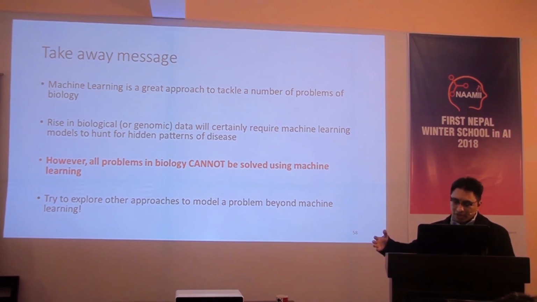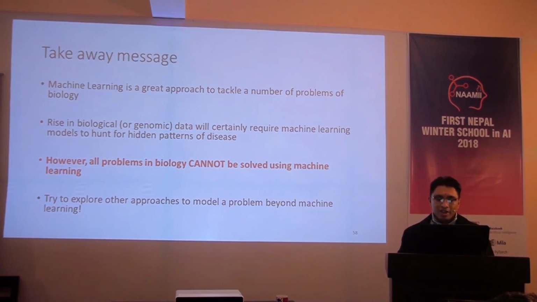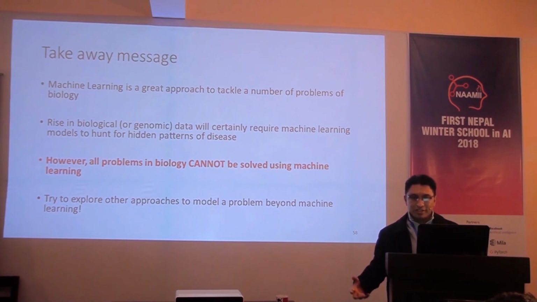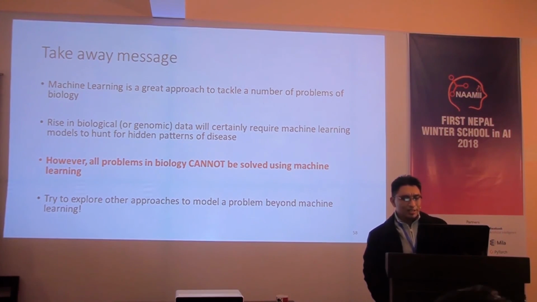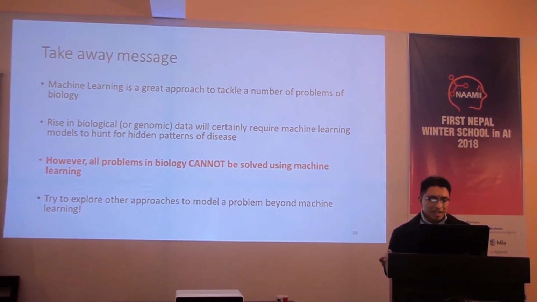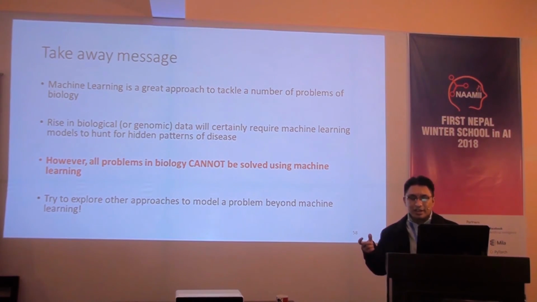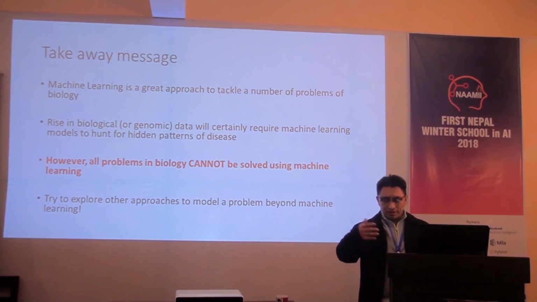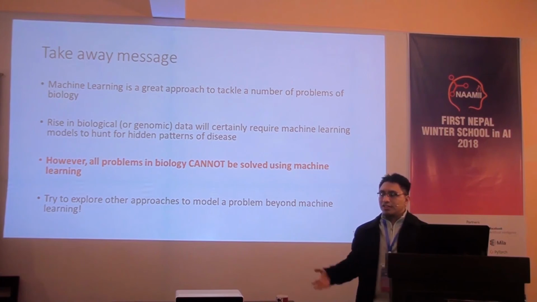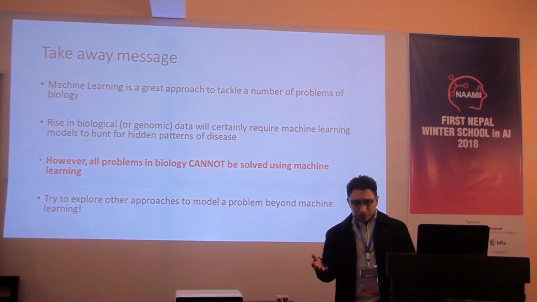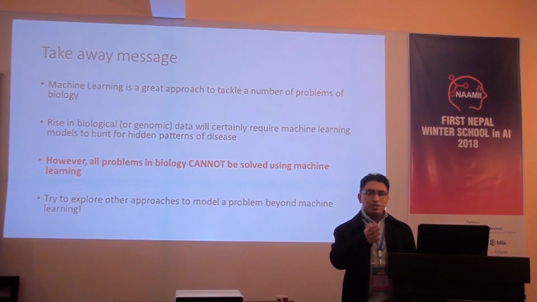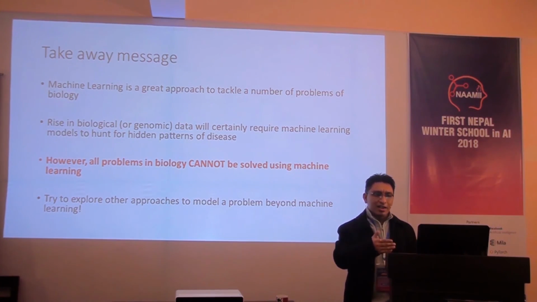and of course, with the growing rise of biological data, machine learning can hunt for different hidden patterns for diseases, but machine learning may not be useful for certain cases where the ground truth is not known. For example, in cancer, what causes the cancer is not known. So machine learning tools might not be very perfect when we try to address such questions where we lack the ground truth.